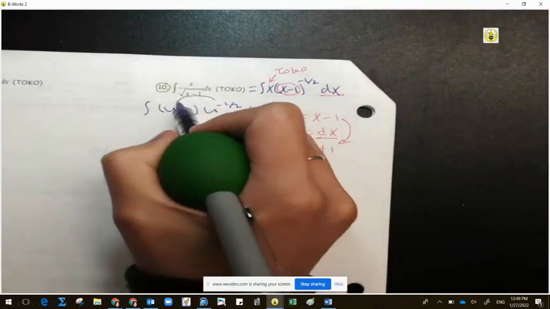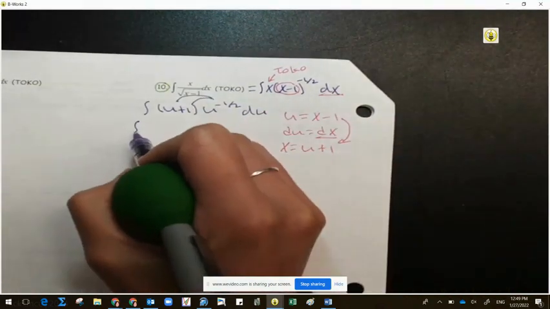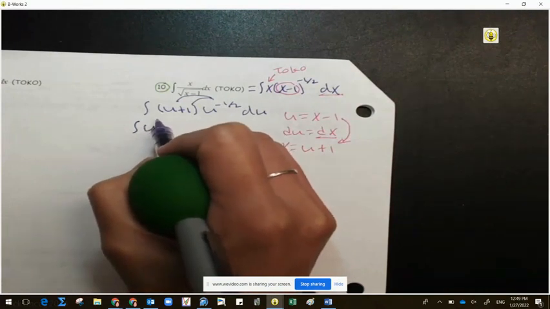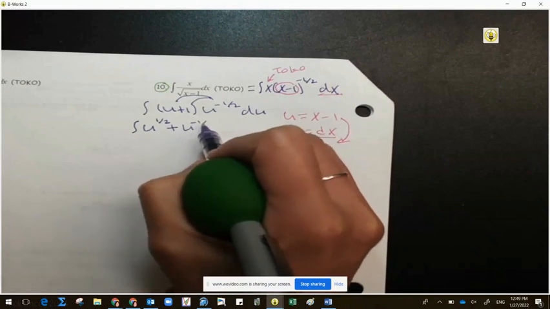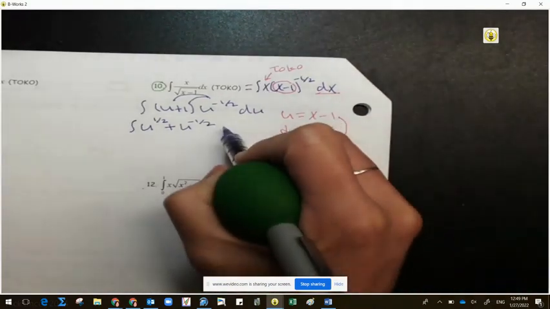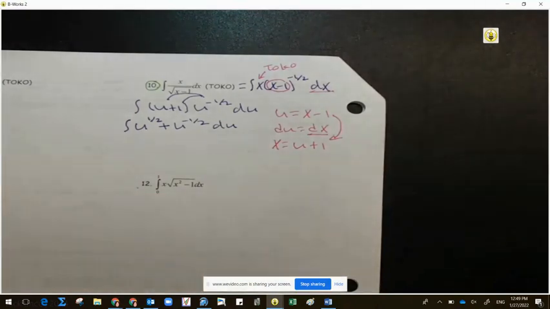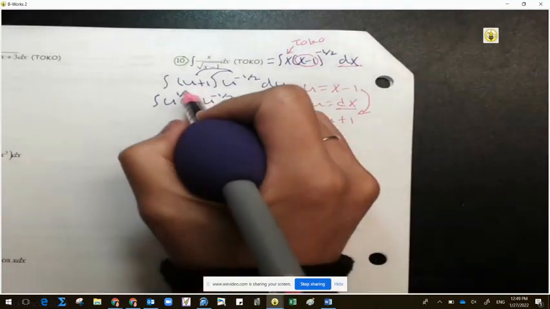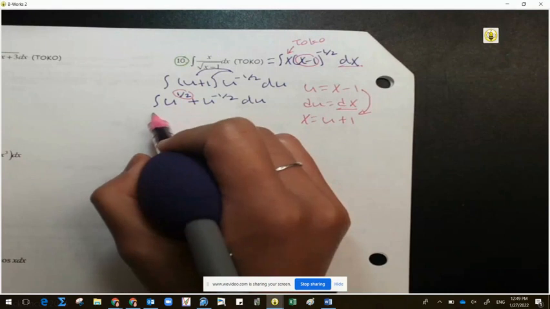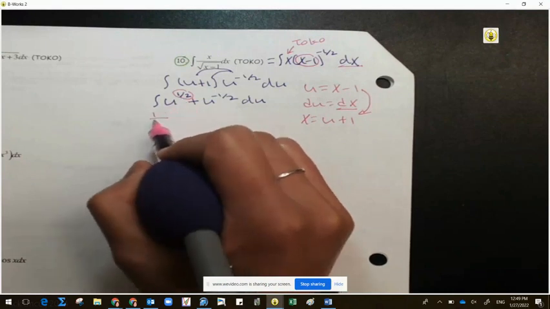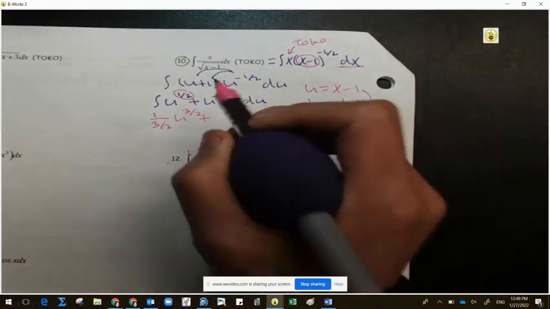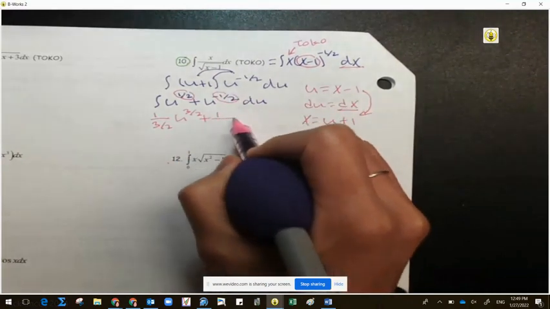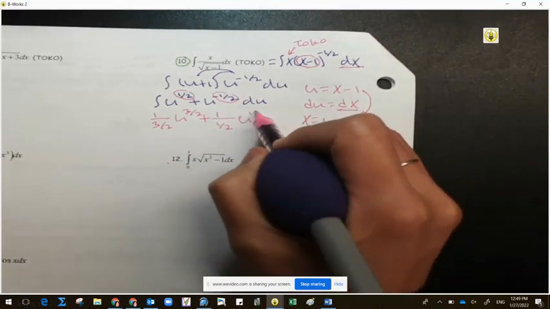Let's go ahead and distribute. When I distribute, what is my u to the power of what? U to the 1/2 plus u to the negative 1/2, and we have du. So now let's do our fraction thing. When I integrate, I get 1 over, what's one more? 3 over 2, u to the 3 over 2. Plus, if I do one more right here, what do I get? 1/2, u to the 1/2.